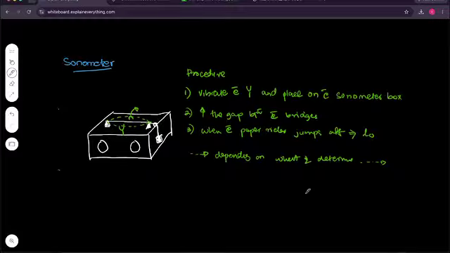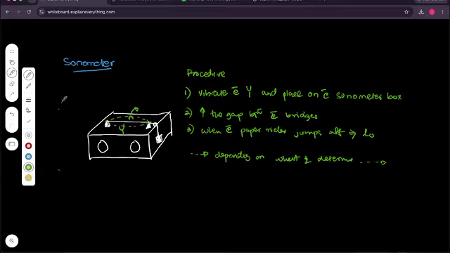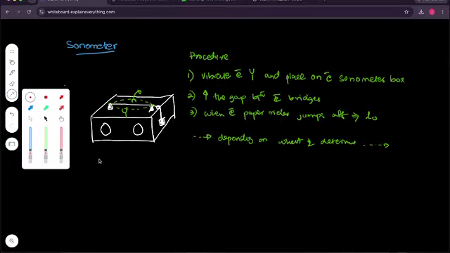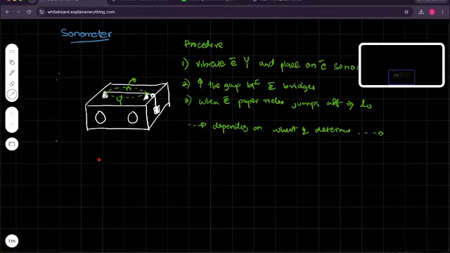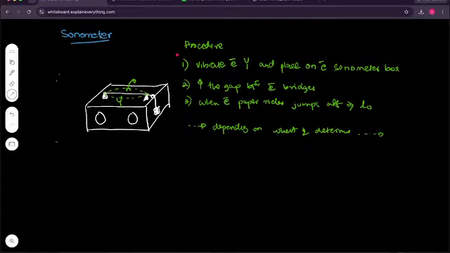Now let's look at the questions that have appeared in past papers. Based on that, let's make a summary so you can use it when you approach questions.